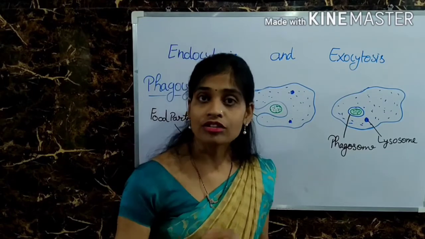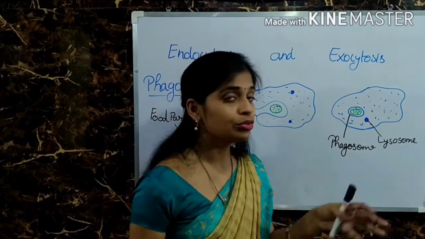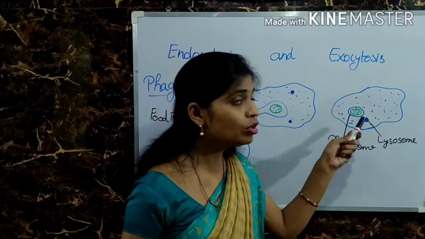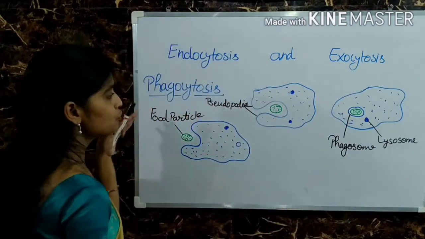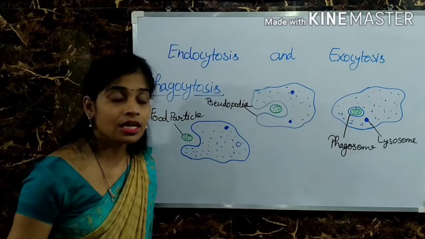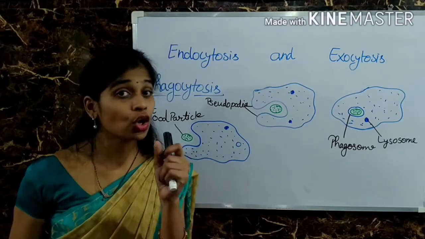The lysosomes help to break down the food into simpler substances by releasing enzymes inside the food vacuole. This is the process in which food is engulfed inside the cell. This is phagocytosis.